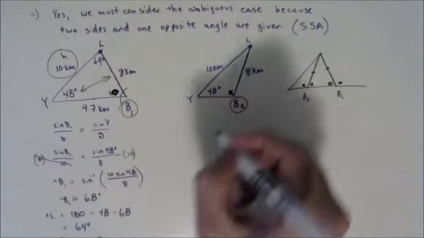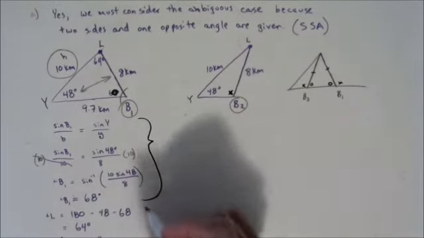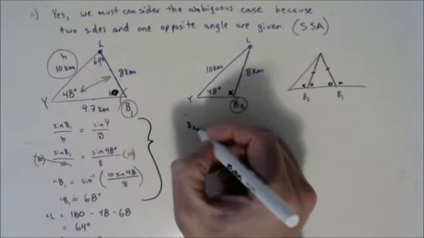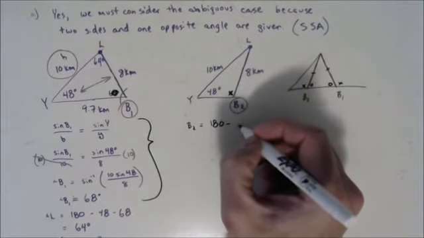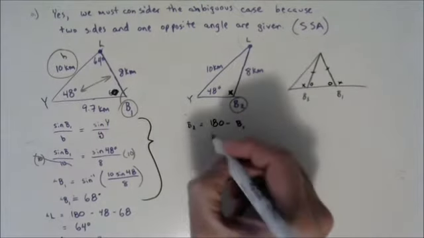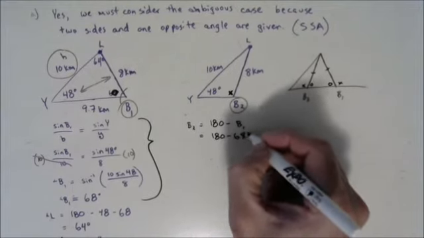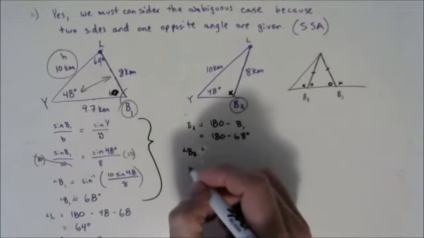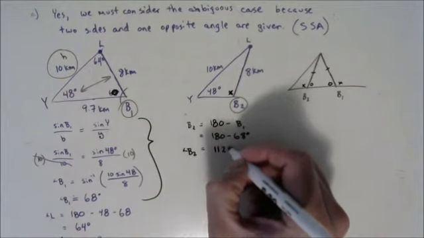So instead of using sine law here to find that angle, I can simply say that B2 is equal to 180 minus B1. B1 was 68 degrees, so I know that the measure of B2 is equal to 112 degrees.